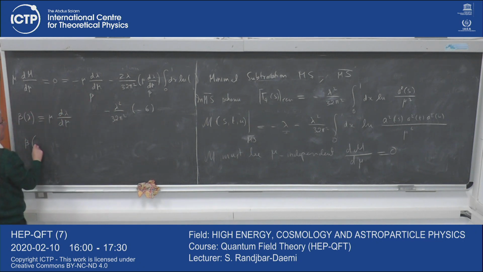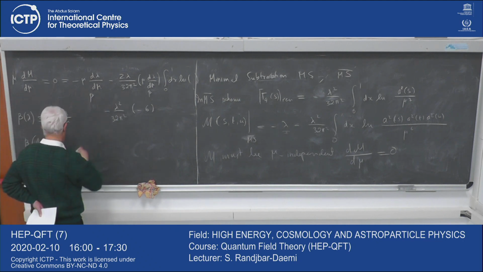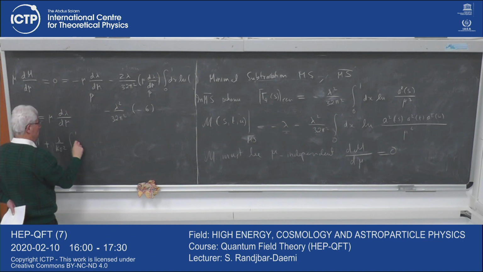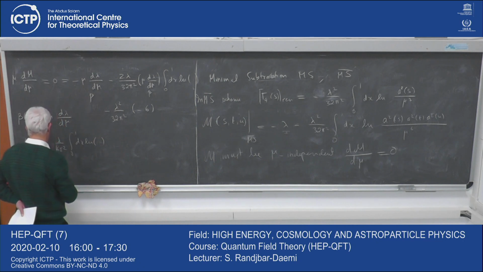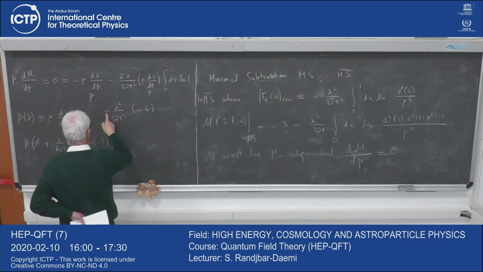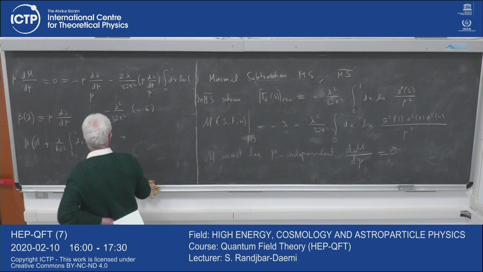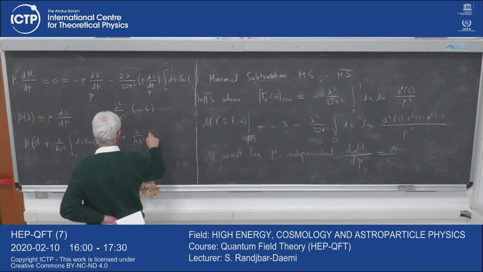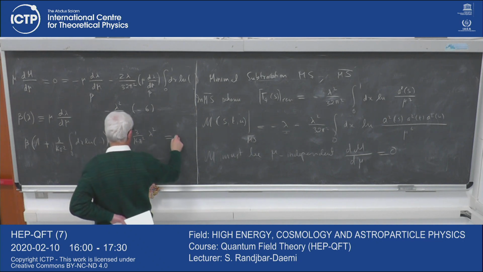So the coefficient is 1 from here plus lambda over 16 pi squared from here times this integral. And this minus has disappeared. This gives us 6 divided by 32, 3 divided by 16, pi squared lambda squared. This whole thing should be equal to 0.